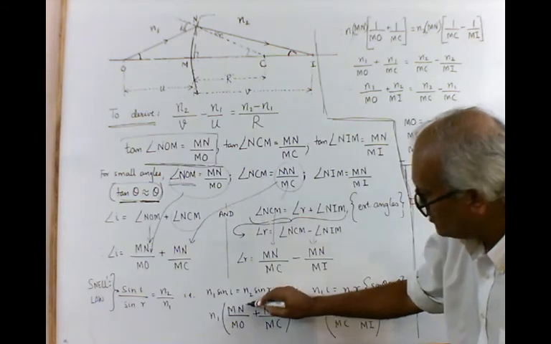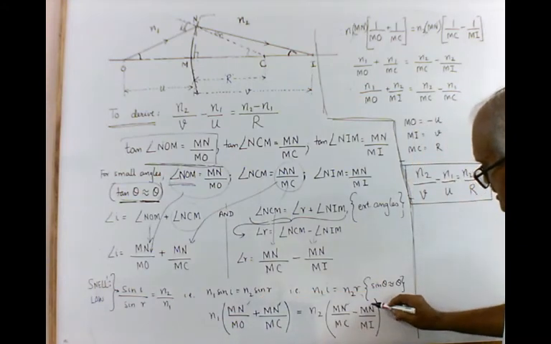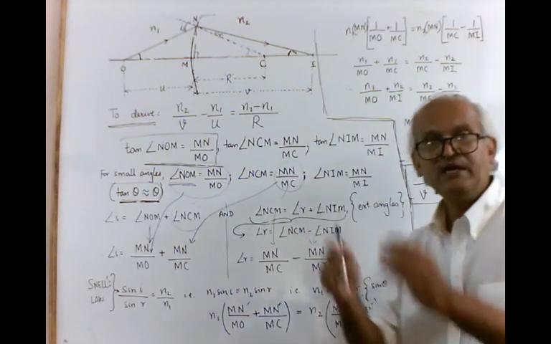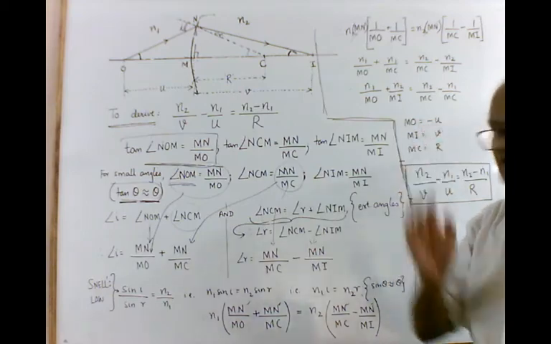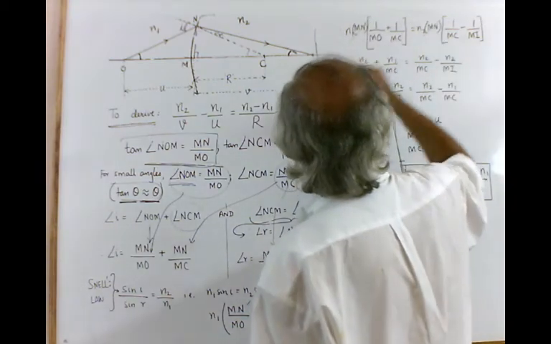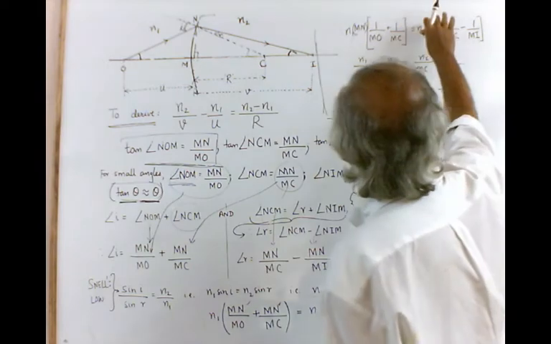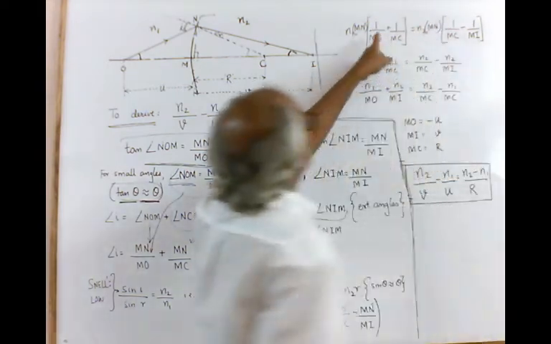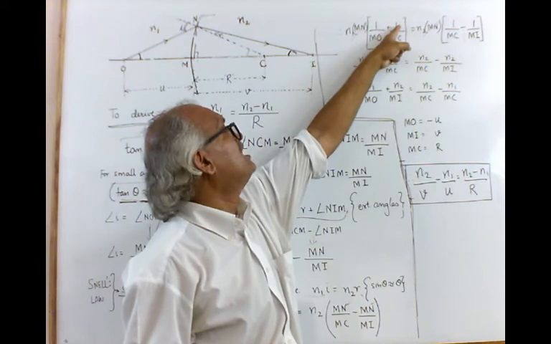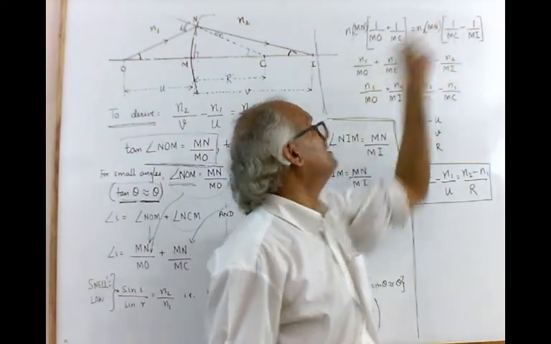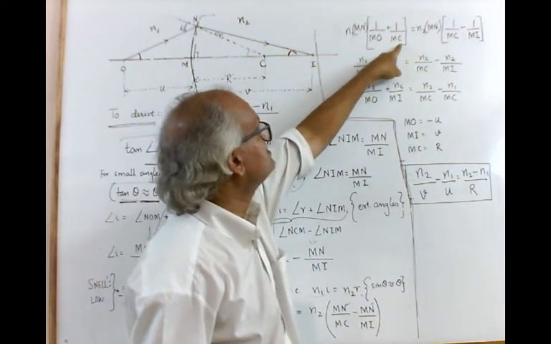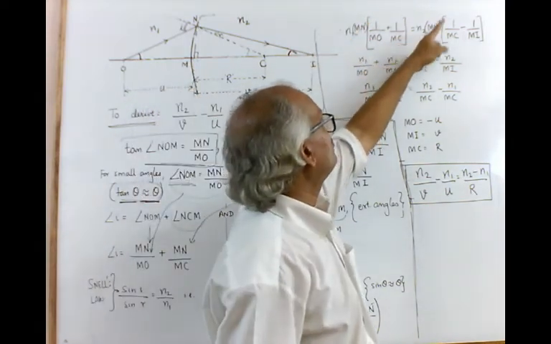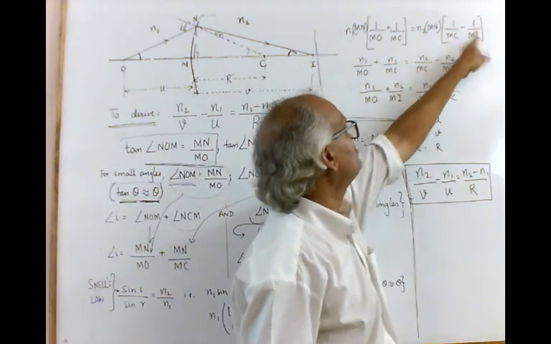Now from here we come here. In the numerator there is mn here, here also, here also, here also. So on both sides we can take mn common and cancel it. We can get rid of the mn part over here, so we have taken mn out over here, mn out over here, and cancelled it. After taking mn out, 1 remains here, 1 remains here, 1 here and 1 here. So accordingly n1 into 1 upon MO plus 1 upon MC, and n2 into, mn cancelled, 1 upon MC minus 1 upon MI.